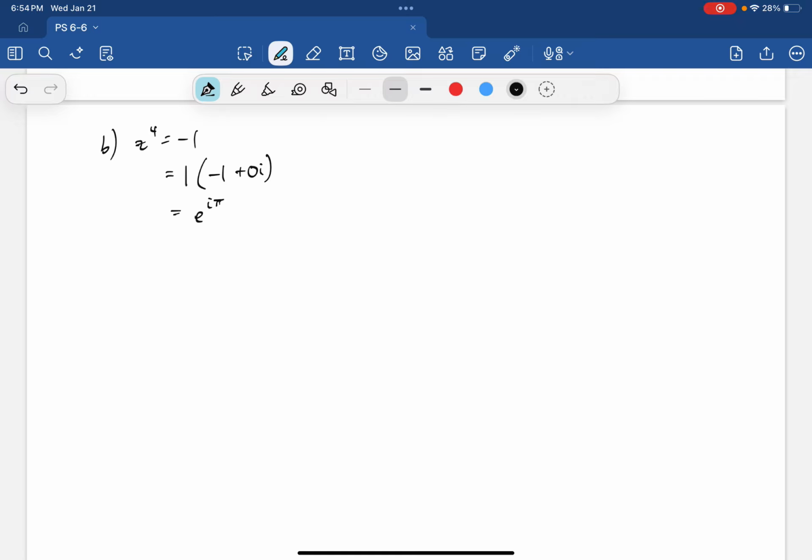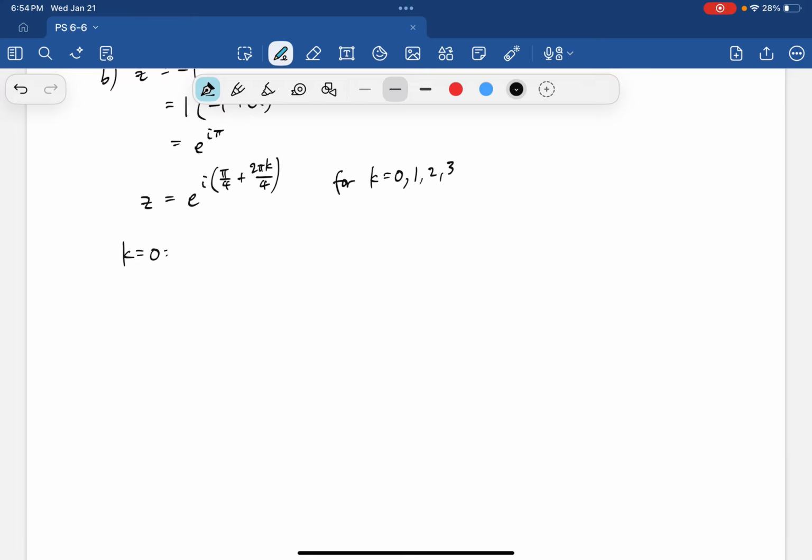Right, the angle in this case is pi. If we drew it on the complex plane, we would be here. So that's the angle of pi. So that tells us that z equals e to the i times pi over 4 plus 2 pi k over n, which is 4, for k equals 0, 1, 2, and 3.